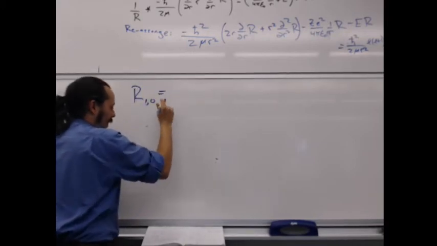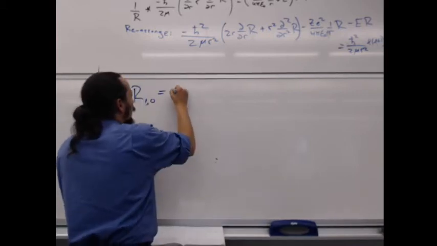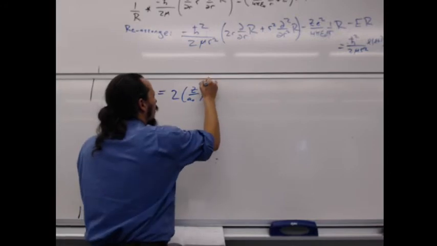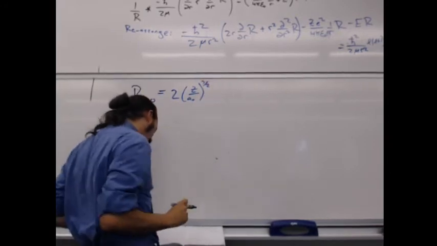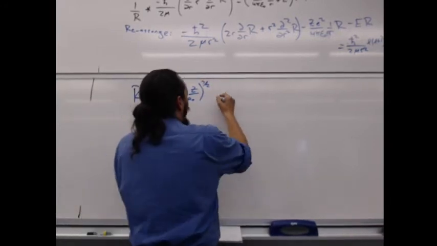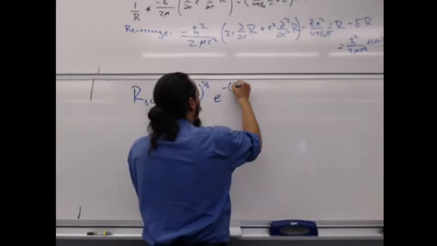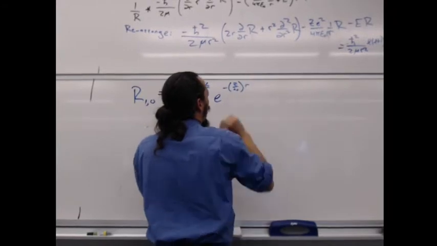R10 is equal to 2Z over a naught to the 3 halves, e to the power of negative Z over a naught r.